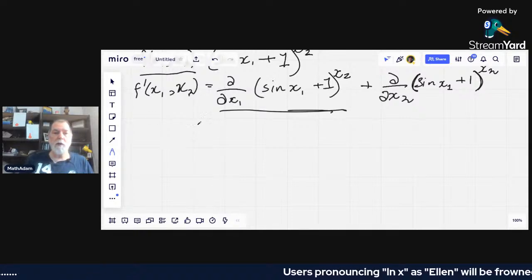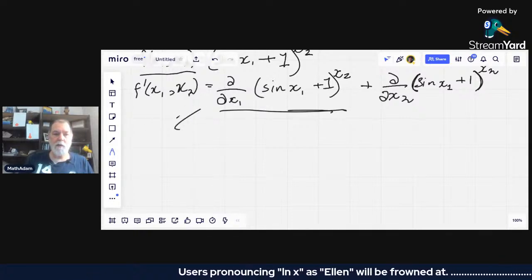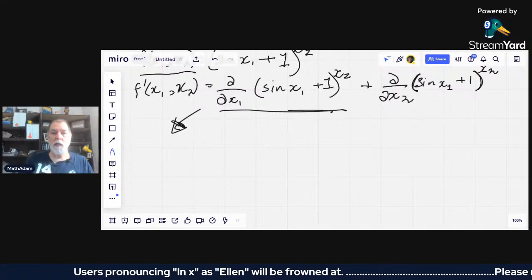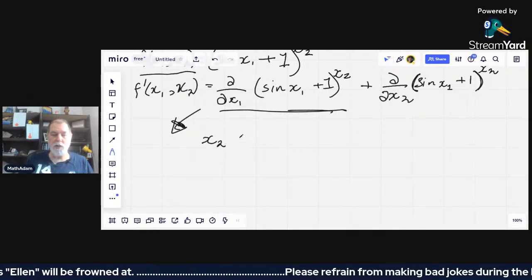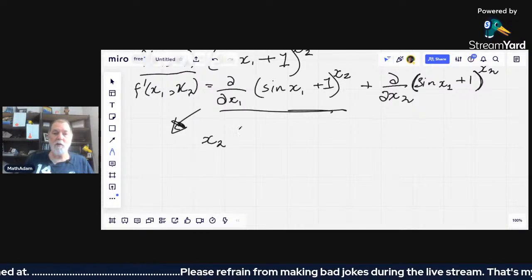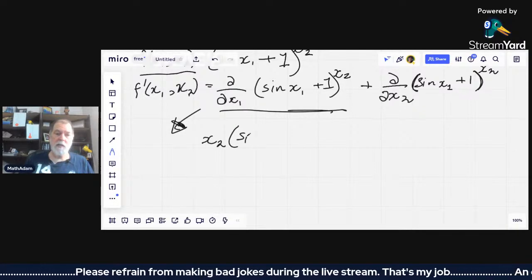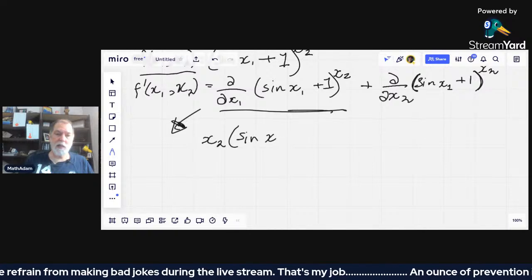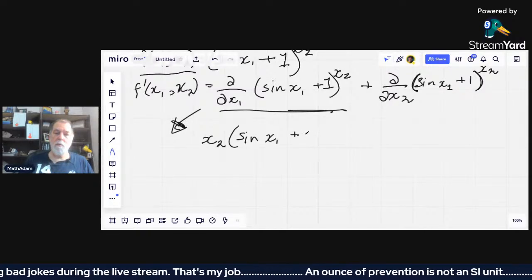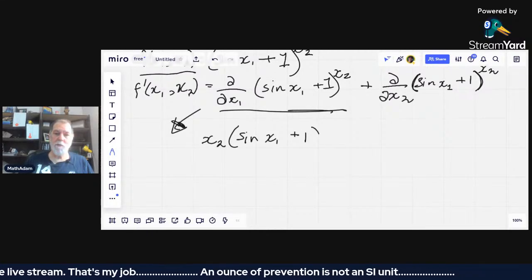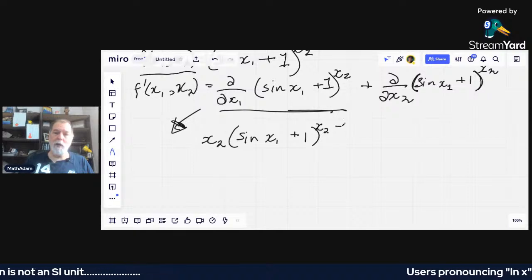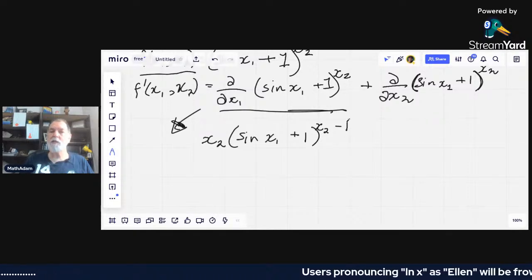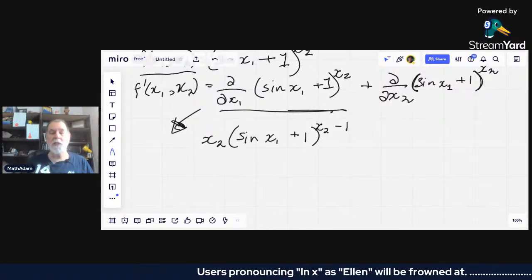So this part here is going to be: take this exponent, which is just a number in this scenario, down here in front, sine x1 plus 1, and then x2 minus 1, because here the x sub 2 is just a constant number.